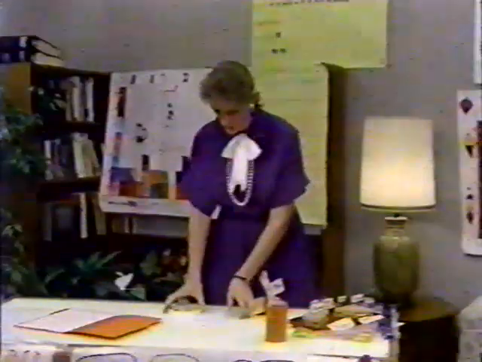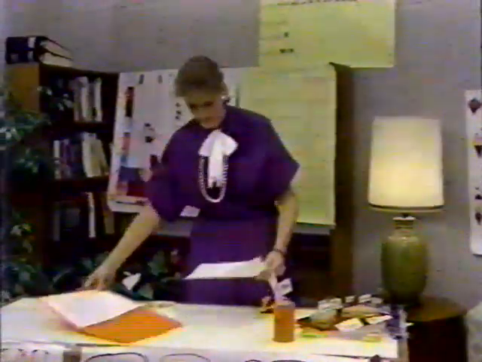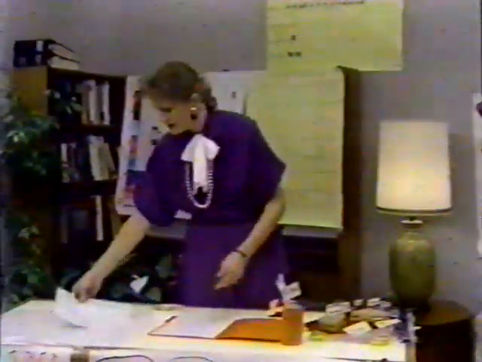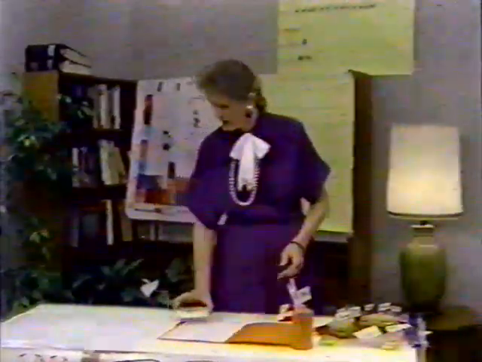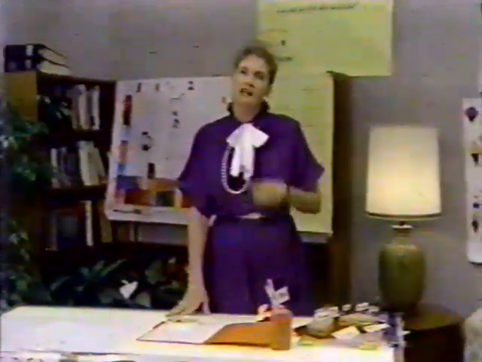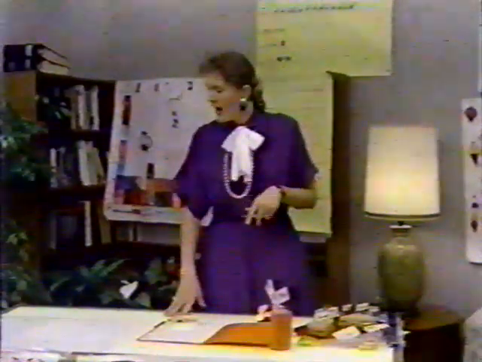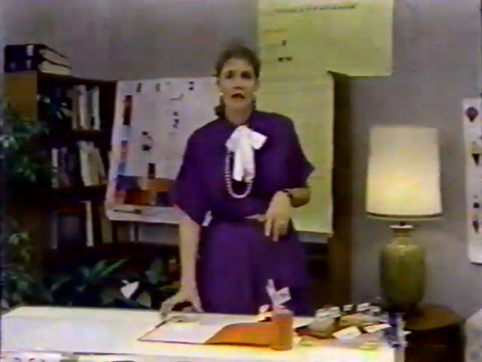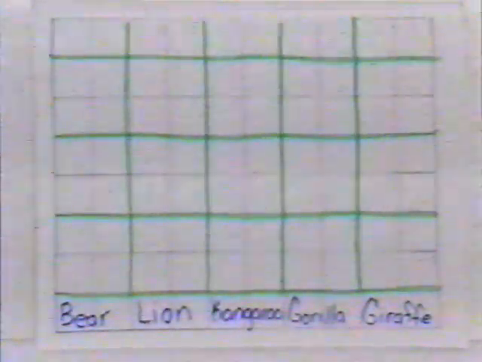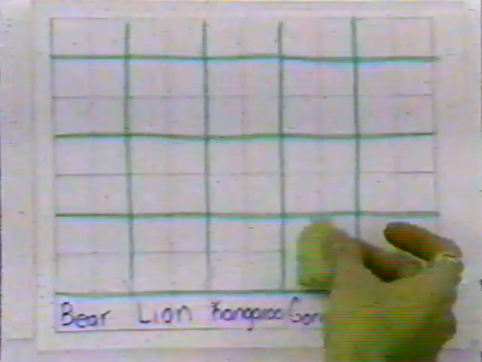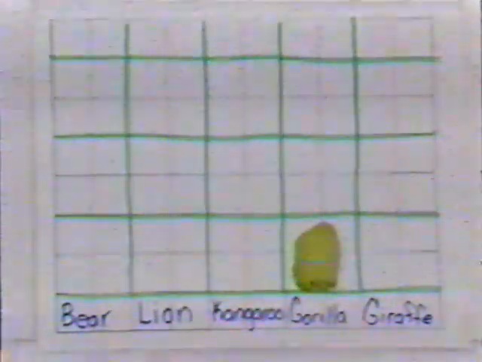And the last one I want to do are animal cookies. And here they take the animal crackers, and they select the one that they prefer and then go and put it on a bar graph. And so here's a gorilla, and all they do is put it on the bar graph.